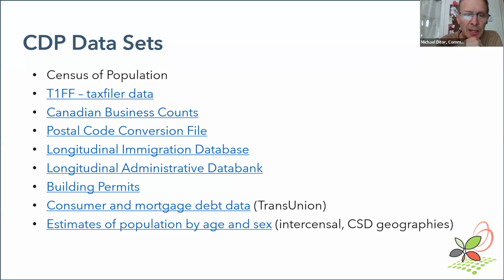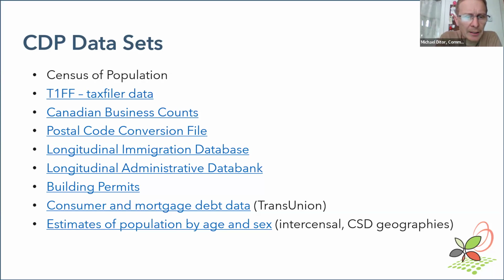Building permits. We get debt data sometimes from previously Equifax and now TransUnion. So that's consumer debt and mortgage debt. We haven't gotten that since 2019, but we're looking to get 2025 data this year.